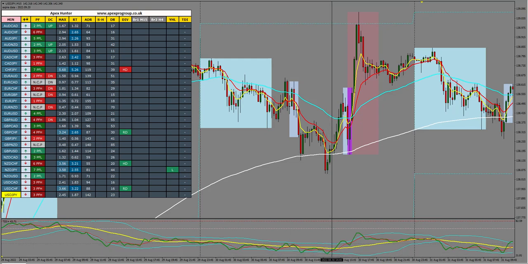So we normally say once we're back inside the bands, the market maker has finished his manipulation. So typically we come out of the Asian session into London with a false move below the Asian range, often down to find support at the 200 EMA.